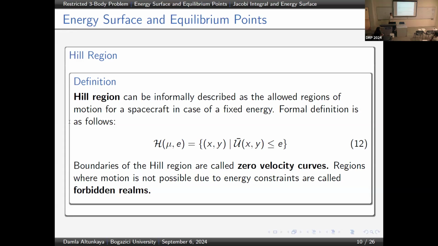It tells us about the allowed regions and forbidden regions. The boundaries of the Hill region are called zero velocity curves. The particle is at rest at that point, so the potential energy is at maximum.